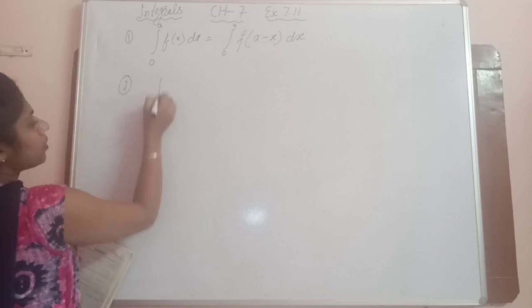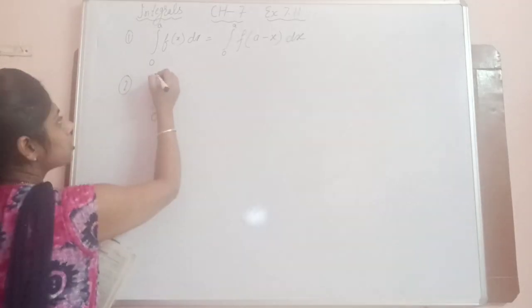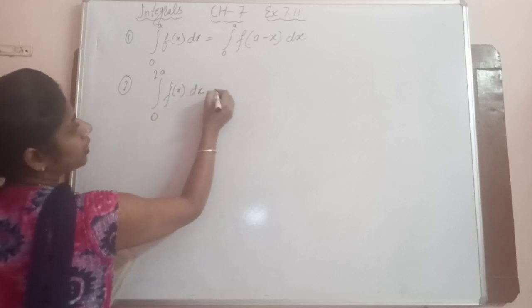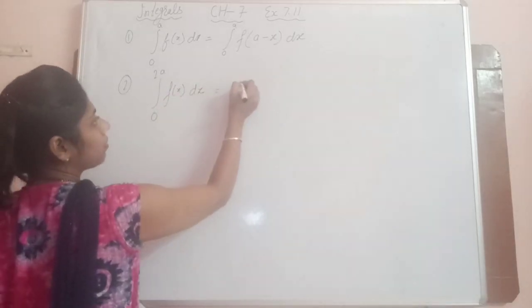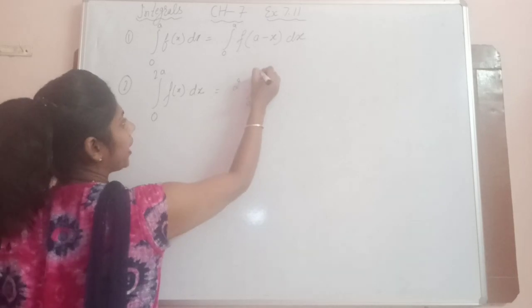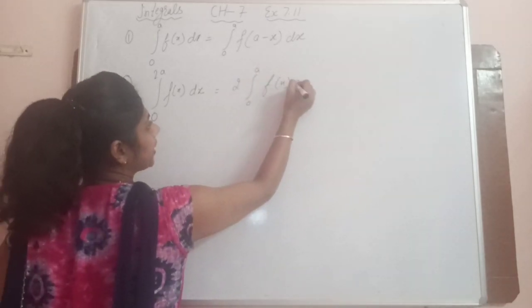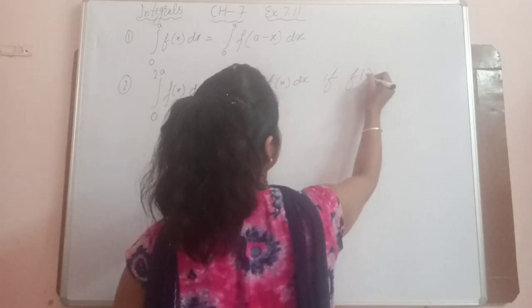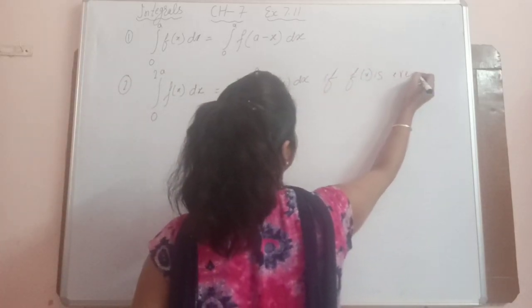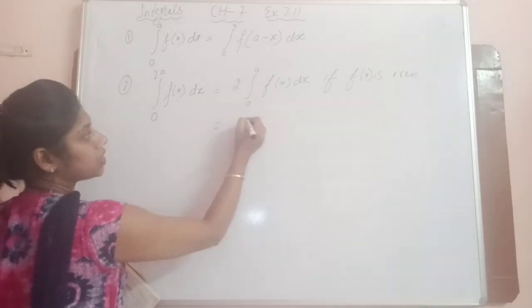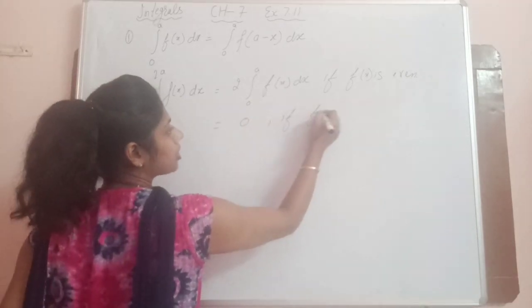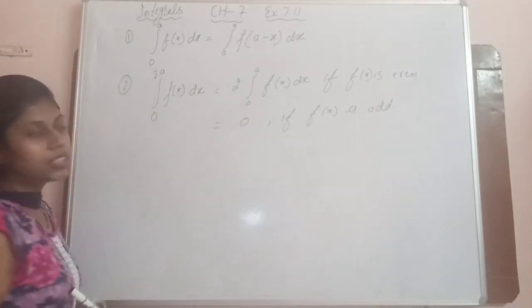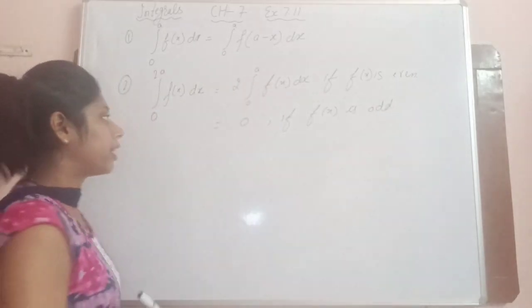Second, if the integral is from 0 to 2a, then it will become double of the integral from 0 to a of f(x) dx if the function is even, and it will become 0 if the function is odd. What is the meaning of even and odd? You know very well.